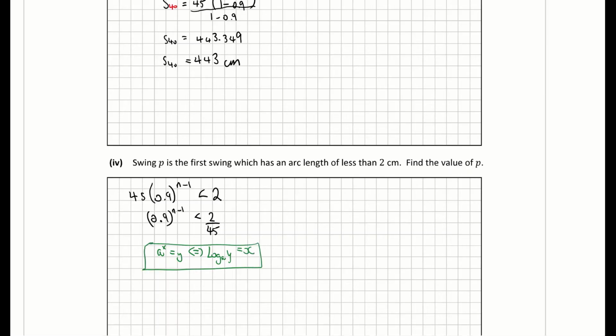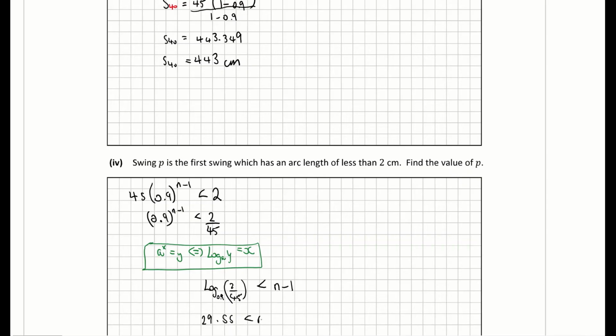So when I fill that in, I have log of y. My y is my 2 over 45 to the base of a, and my a is 0.9. And that is less than my power, which is n minus 1.